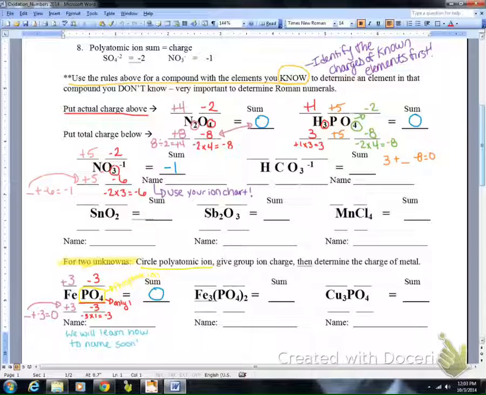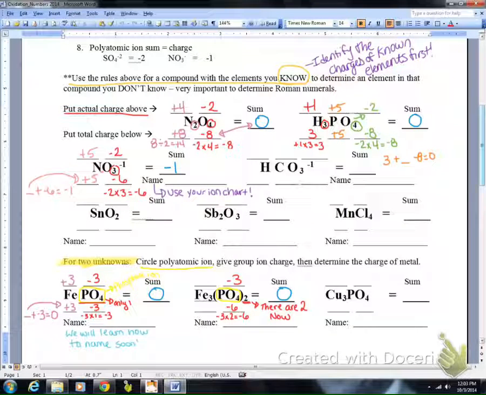Alright, let's do one more polyatomic example, Fe3(PO4)2. So I'm going to circle my phosphate ion again, and again I know that that's a -3 charge. This time I have 2 of them though. That parentheses and subscript 2 is telling me that there's 2. So I'm going to go -3 times 2 is a -6. So I know the total charge on the phosphate is -6.